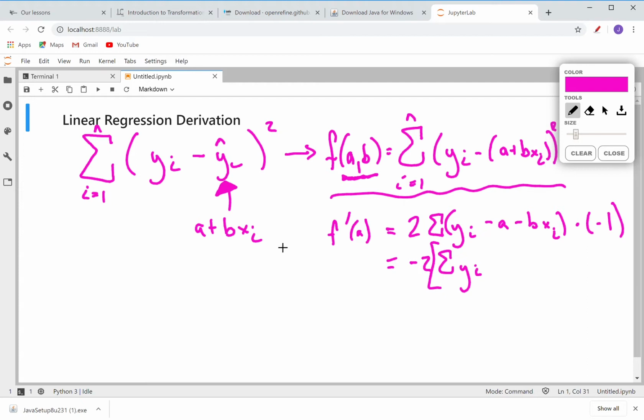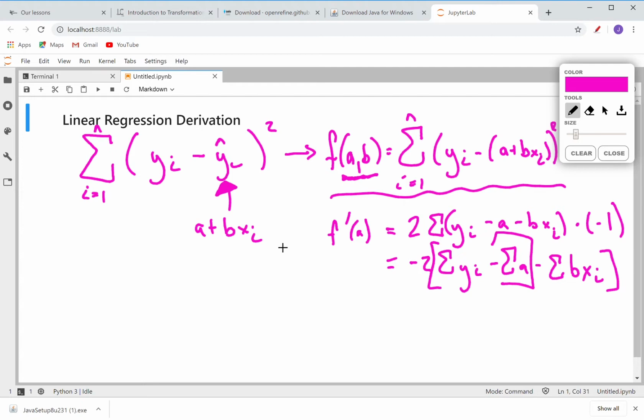And the sum of n a's is just going to be the sum of a and the sum of b x_i, something like this. But I actually know how to add this up because there's no i here, so it's just going to be that a however many data points.